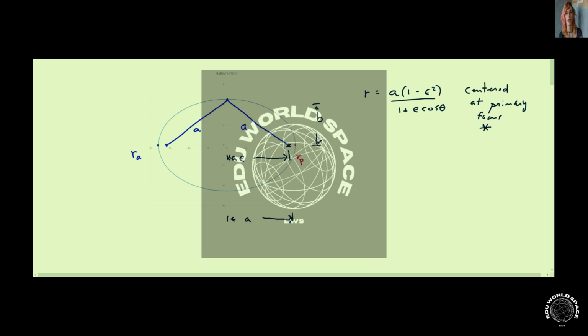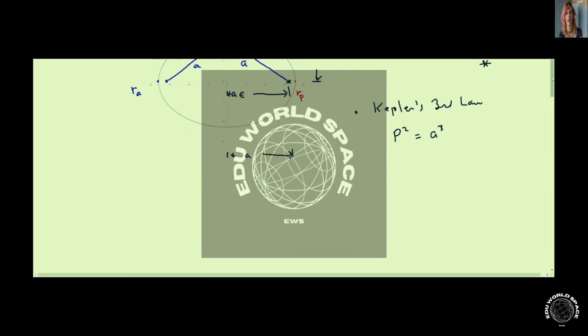So the first thing that you can do with an orbit is, if you have some information, such as the period, you can use Kepler's third law, which relates p squared directly to a cubed. If the period is in years, the a will be in astronomical units.